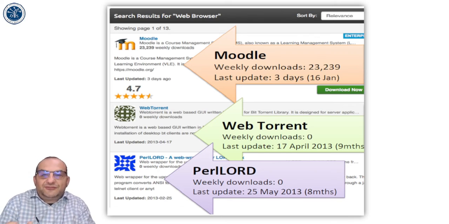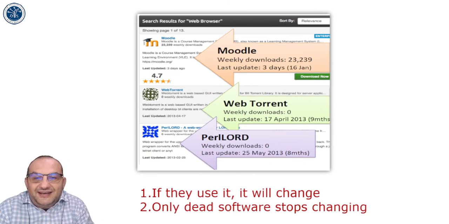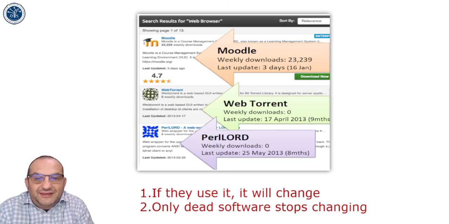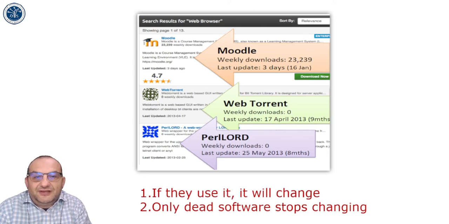There are two conclusions we can draw from this. The first one is that if there are users who use our product, that product will change, and software only stops changing when it has no users. That means we still have a team which takes care of that product if that product has users, and that team will try to improve it, to add more features, and so on.